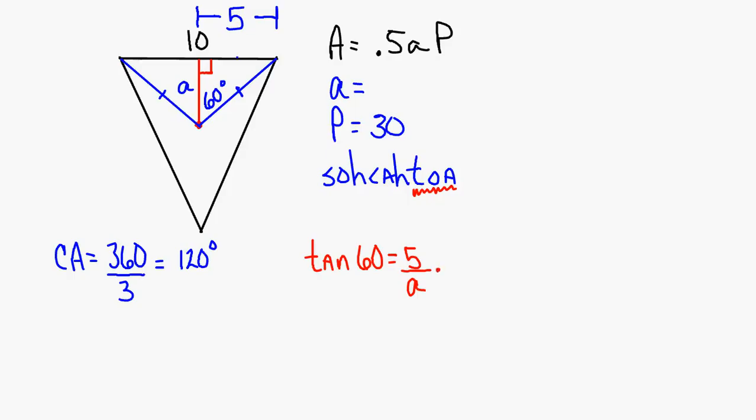If you multiply both sides by a, the a's will cancel, and then you'll have to divide each side by tan 60. So 5 divided by tan 60 is 2.89.